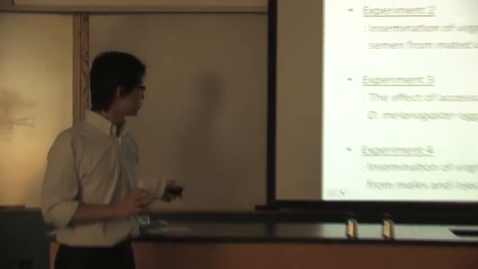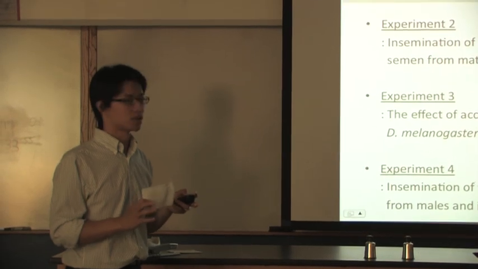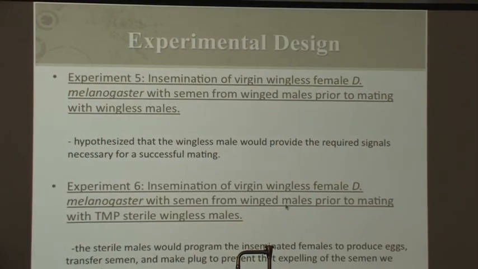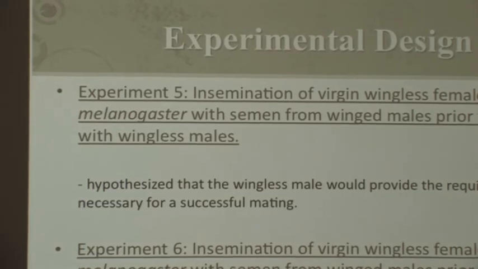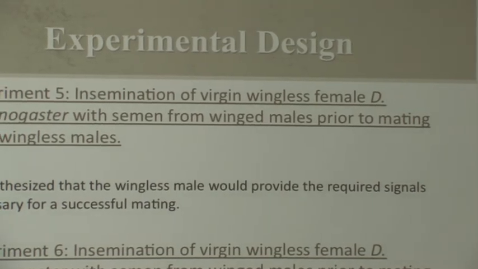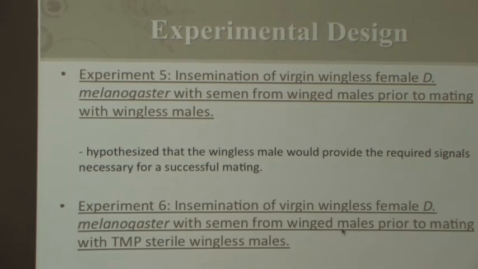So we will observe if they lay eggs or not. Experiment 5 is the insemination of virgin wingless female Drosophila melanogaster with semen from a winged male prior to mating with a wingless male.